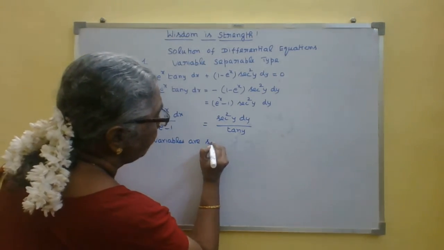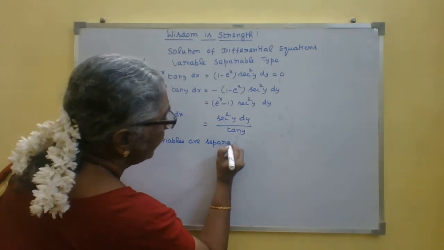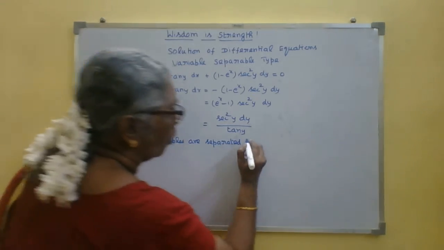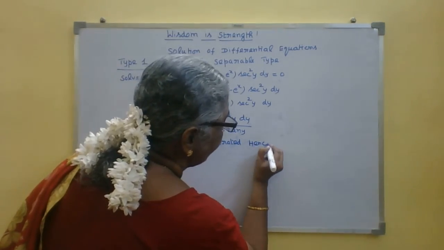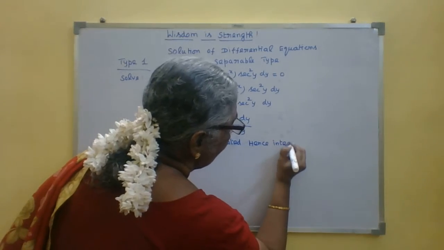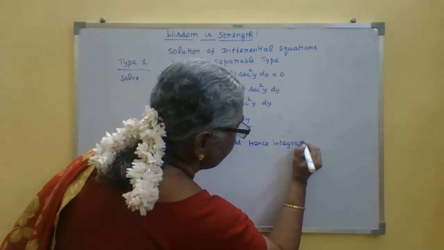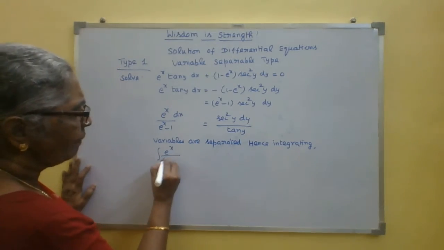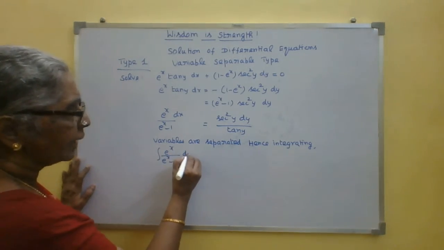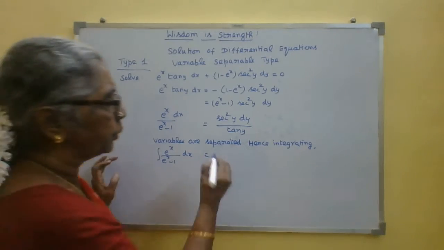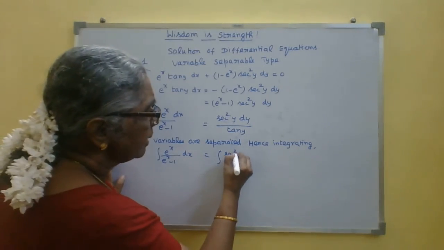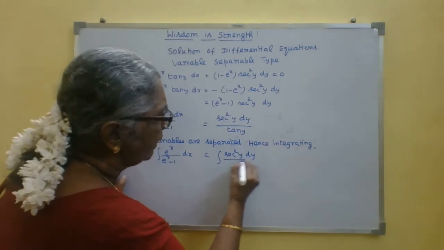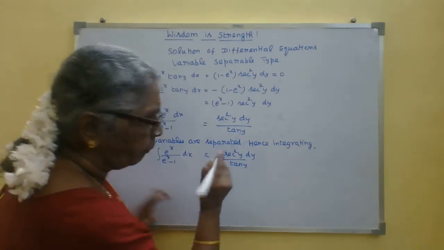Now you have to integrate both sides to solve it. So integrating both sides, we will be getting integral e power x by e power x minus 1 dx equal to integral secant squared y dy divided by tan y.